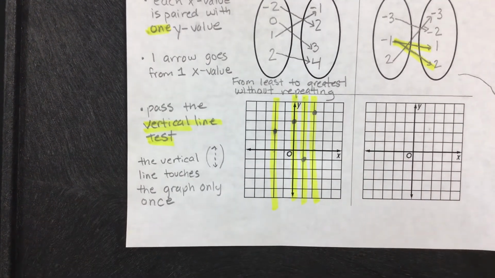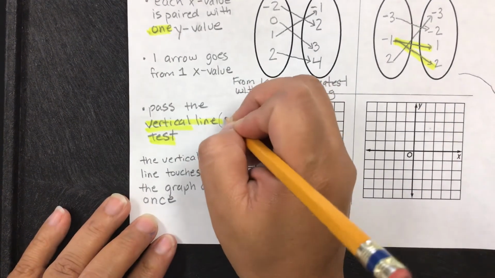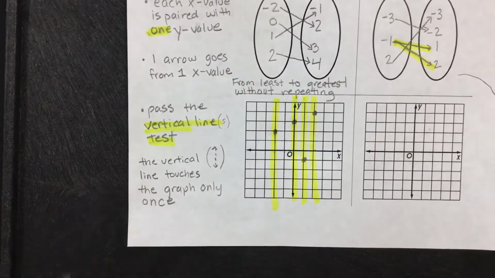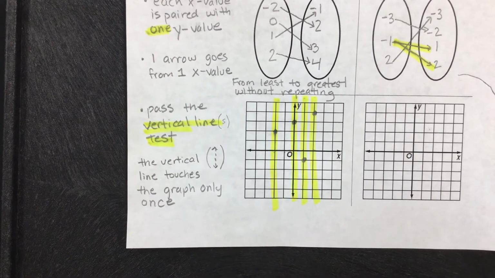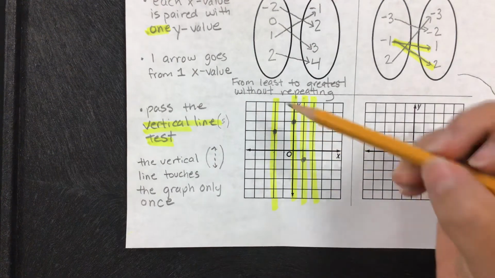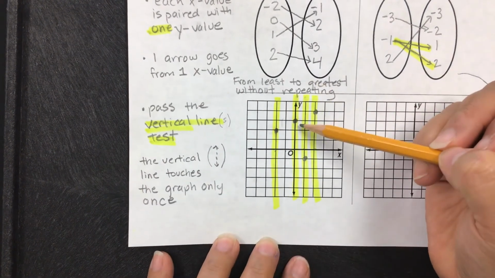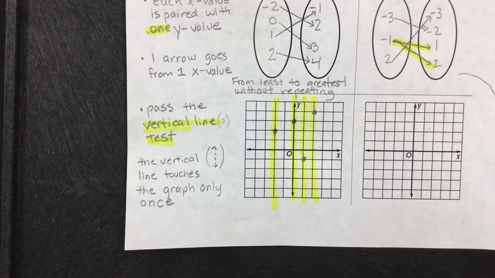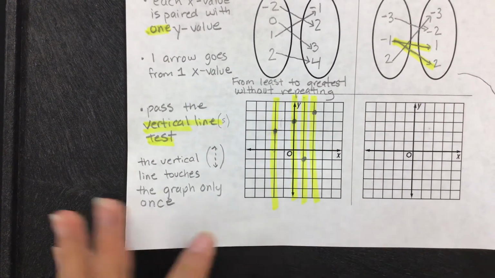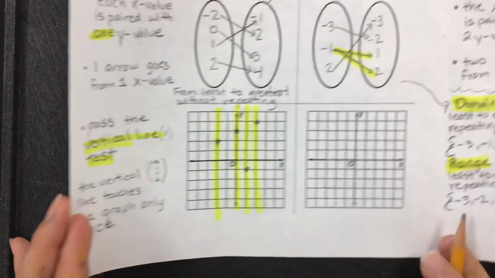So the phrase that we use is vertical line test, but it's actually a whole bunch of times that you're supposed to check it. And so it's many lines that we have to test out. So because it only touched once, it passed the test. So let's see what it looks like to fail the test.